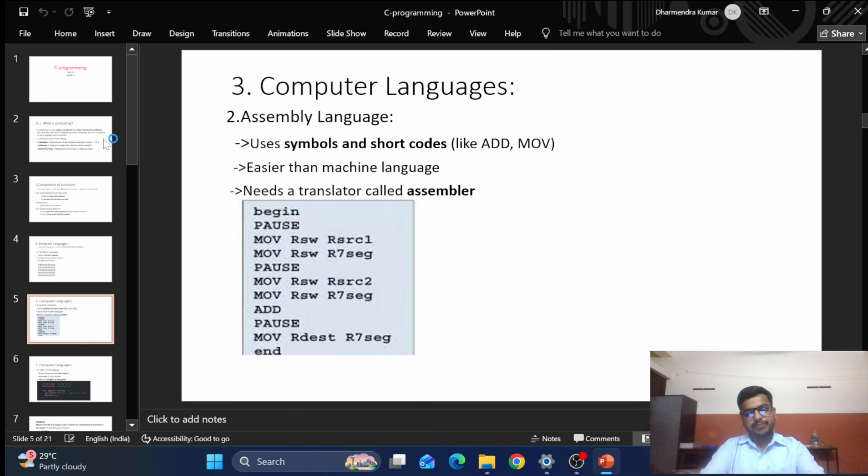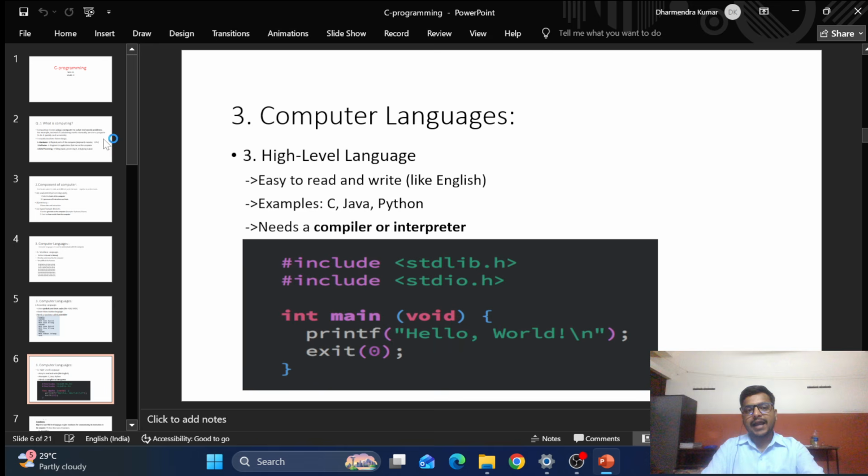Suppose you want to add two numbers, then you will write add 2, 3, because you are adding these two numbers. So this is assembly language. Now the last one is high level language, like C, Java, Python. These are all high level languages. Clear?